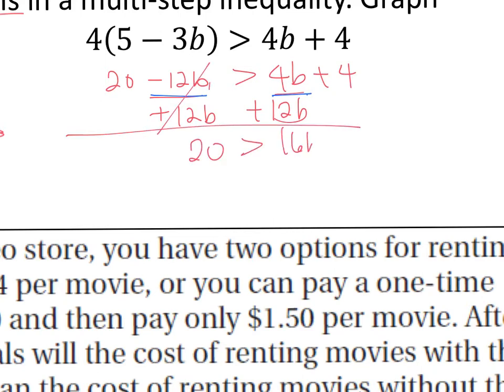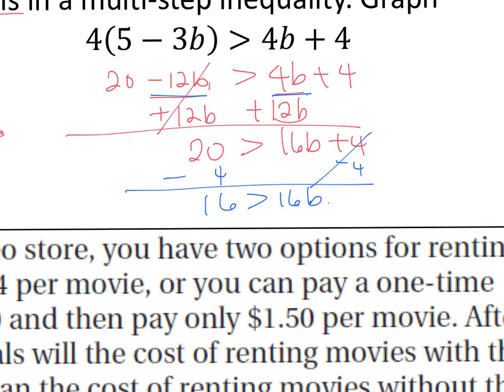Add 16b, and then subtract 4 to both sides. 20 subtract 4 is 16, and 1. Open dot on 1, and arrow to the left.